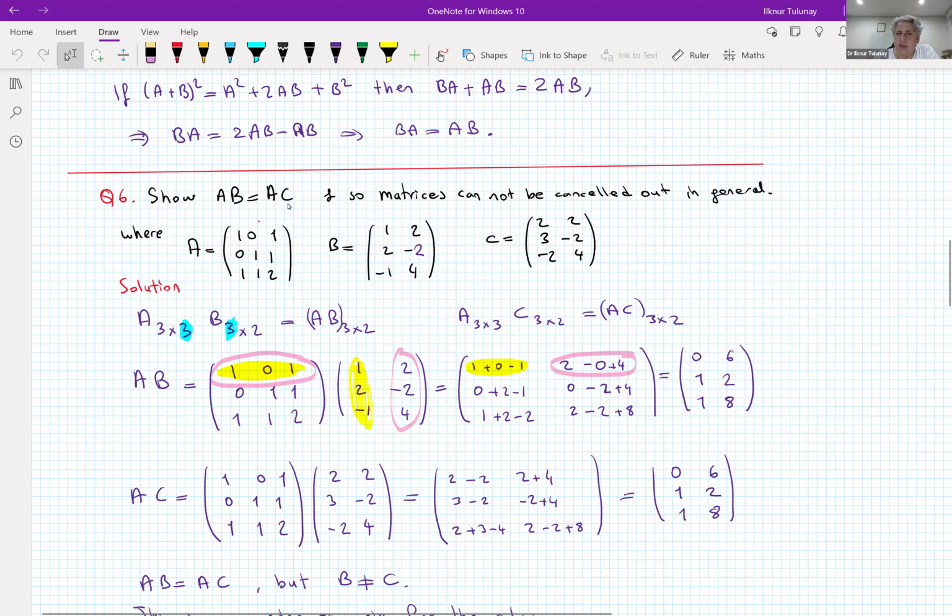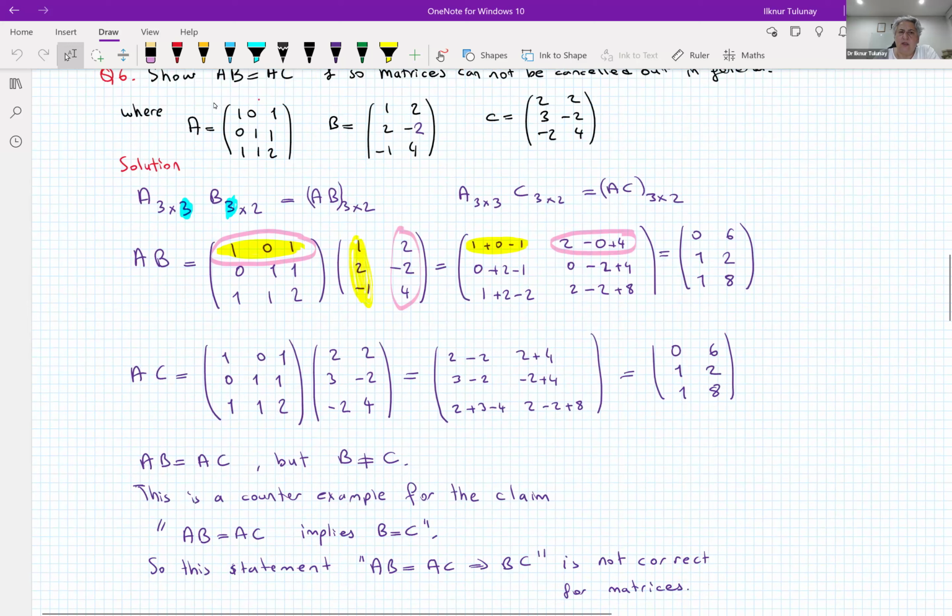AB is equal to AC, but B and C are different. That's what we would like to practice here. This is a counterexample, which shows that we cannot apply the cancellation law in matrices.